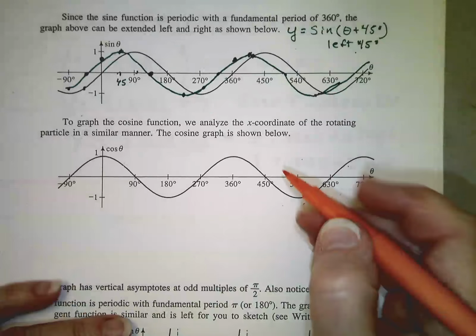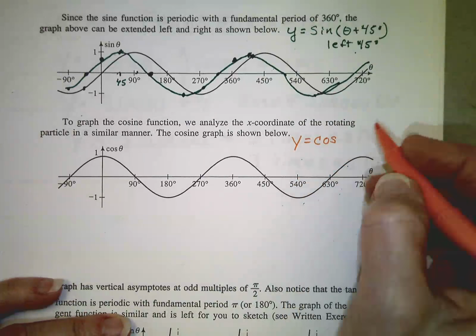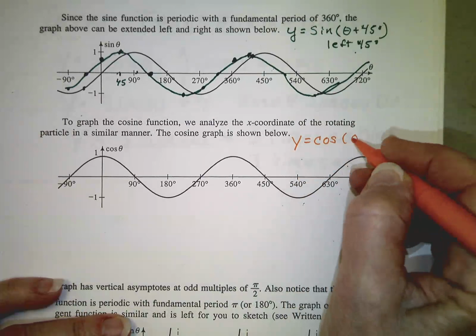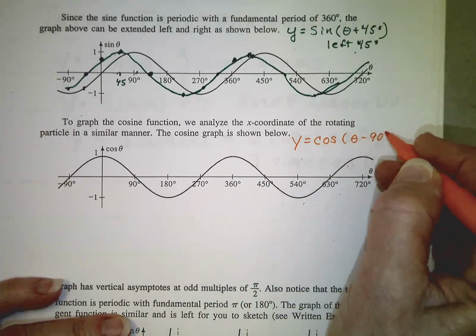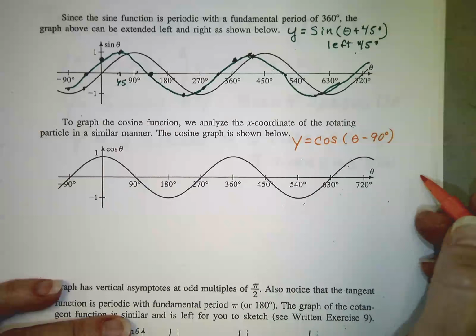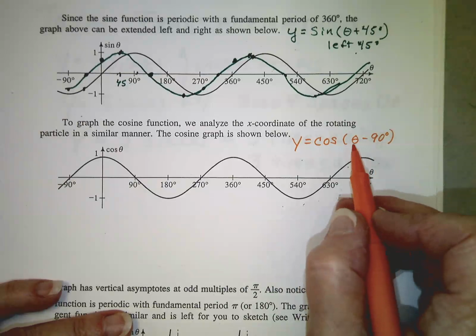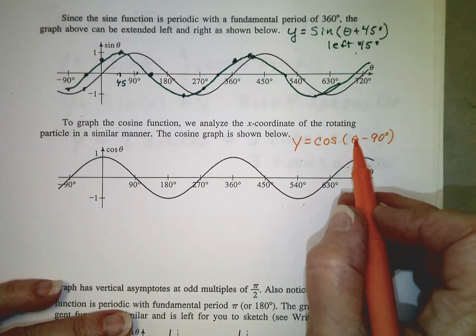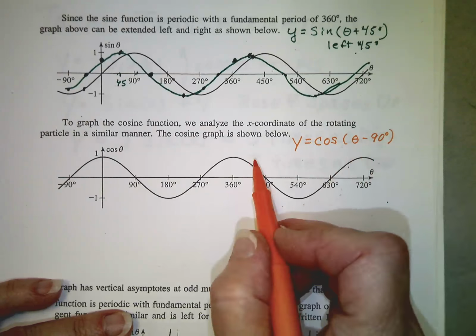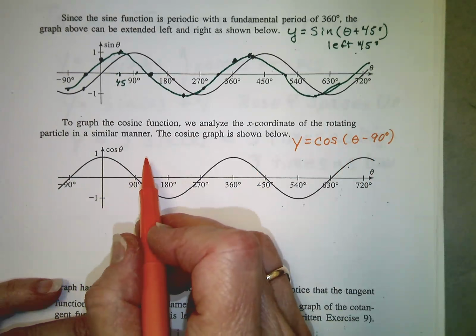How about if we have y equals the cosine of theta minus 90 degrees. So that means we're going to be subtracting 90 degrees off every single angle we put in. In order to get the same job done, they're going to have to move up 90 degrees.